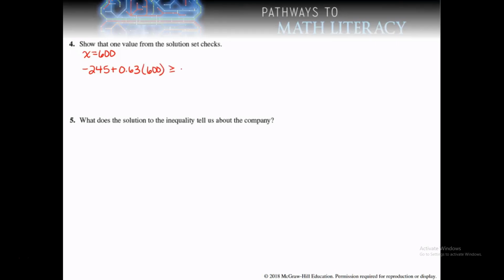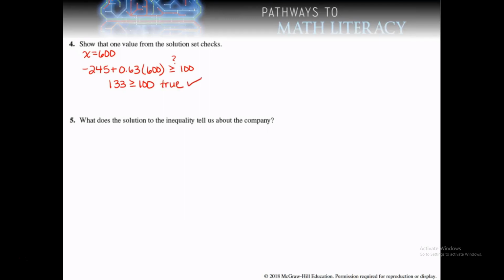Is that greater than or equal to 100? Well, negative 245 plus 0.63 times 600 comes out to 133, and so yes, that is greater than 100. So it makes the statement that it's greater than or equal to 100 true.